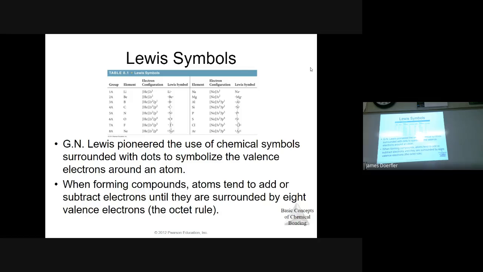So again, everyone's really trying to be just like the noble gases in terms of their electron arrangements, at least in their valence terms, okay? So far, other than maybe Lewis symbols, we've come across a few terms that we should know. We've talked about the octet rule, I know that.